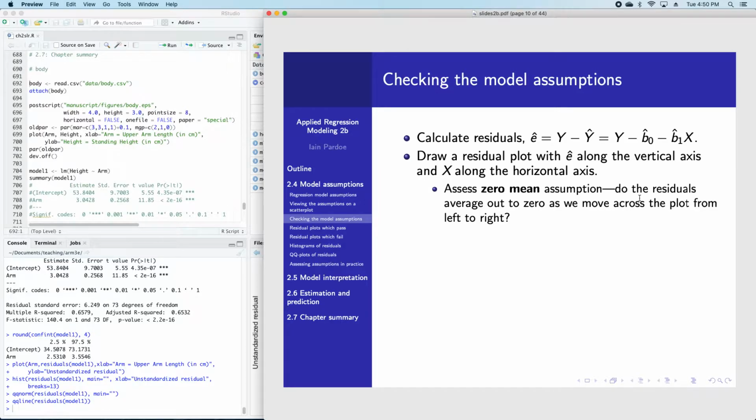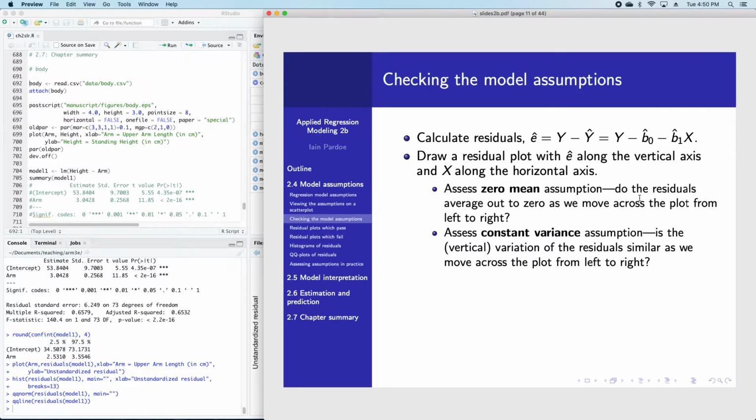Then we can assess the zero mean assumption by asking ourselves, do the residuals average out to zero as we move across the plot from left to right? For the constant variance assumption, as we move across the plot from left to right, we want the variation of the residuals to be similar. We can also assess the independence assumption just by asking ourselves, do the residuals look random with no systematic patterns?